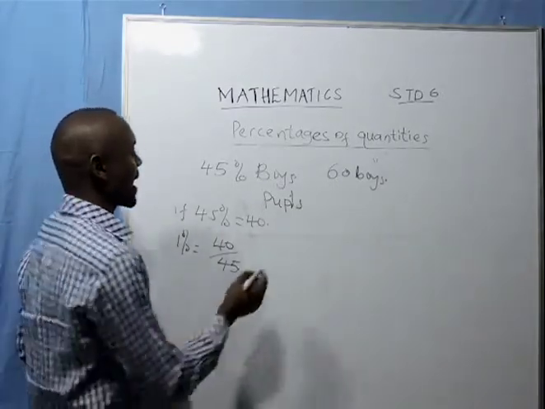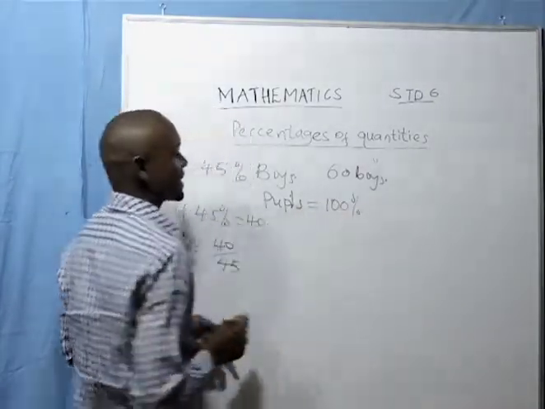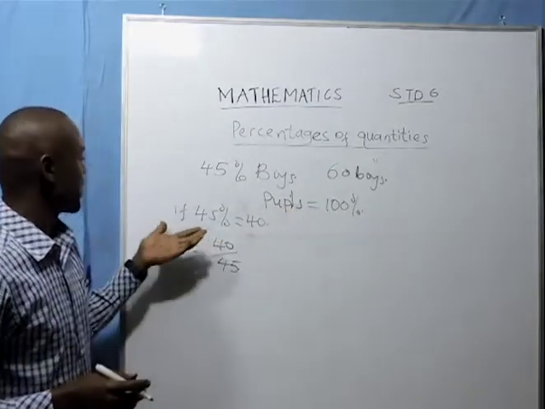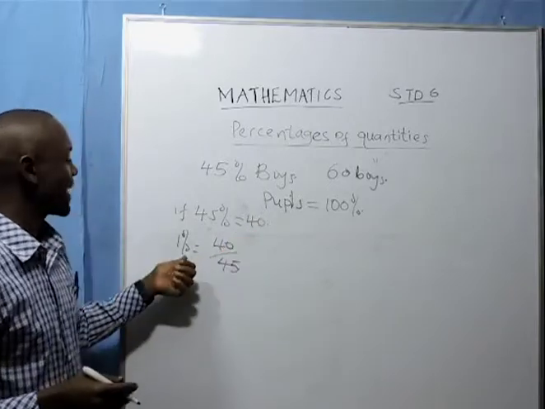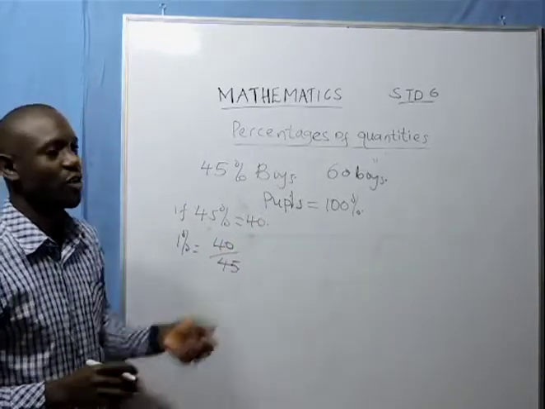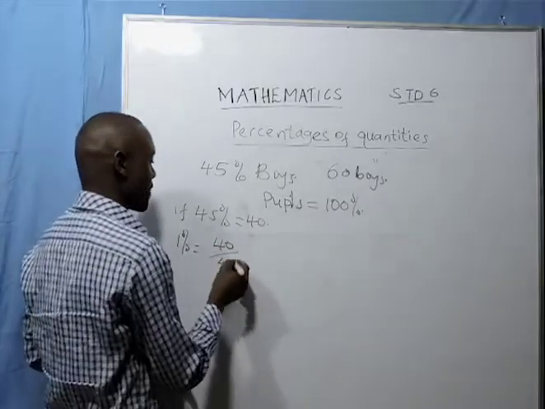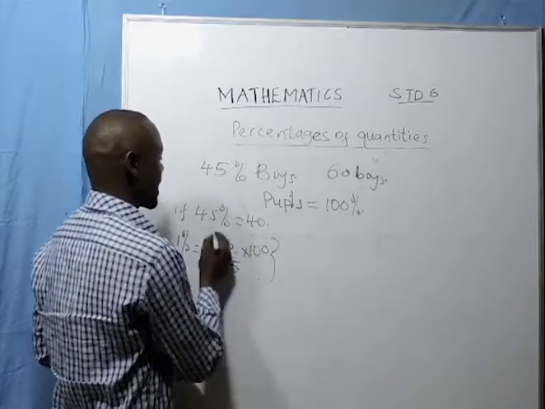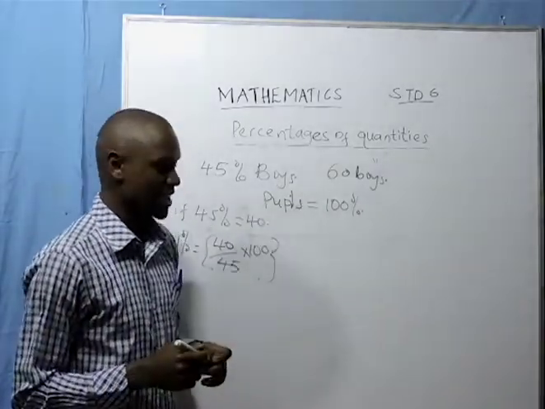Then remember, the number of pupils in that school is 100%, that is the total population of the school. So the number of pupils will be 40 over 45 times 100. Then from there, you just simplify and get the total number of pupils in that school.